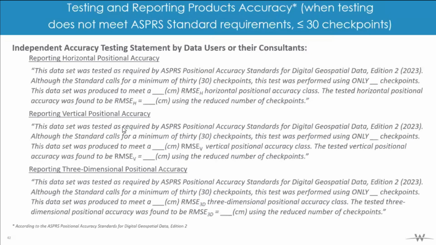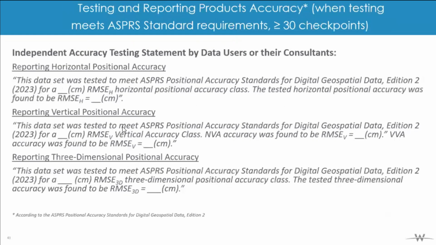If you notice there on top, we say if the user or data producer uses 30 checkpoints to verify the accuracy, because that's the minimum requirement according to the new standard. You need at least 30 checkpoints.